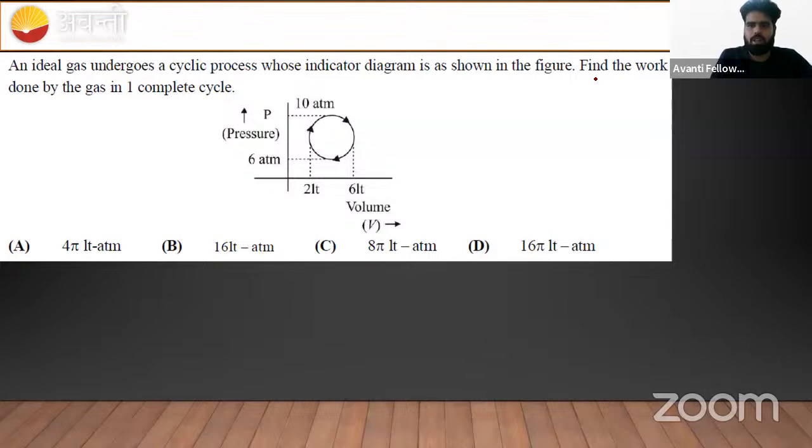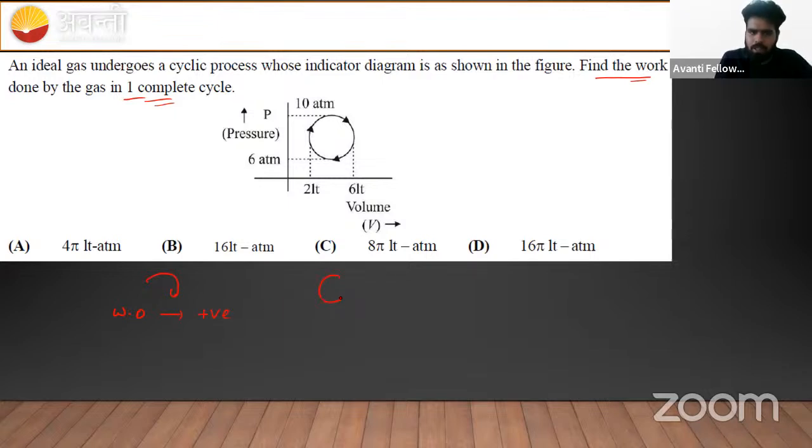Again, this question comes from the thermodynamics section, and in this problem we have to find out the work done by the gas in one complete cycle. First of all, whenever a closed loop is given, we have to decide whether the loop is clockwise or anti-clockwise. If the loop is clockwise, then the work done in the complete cycle is always positive. This is the concept.